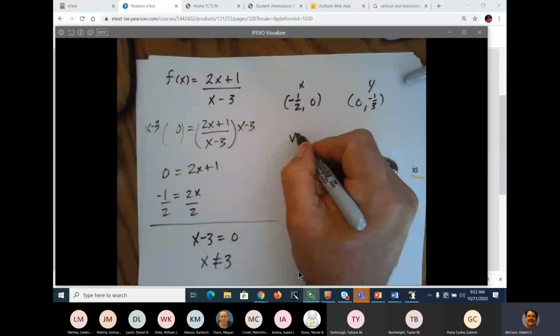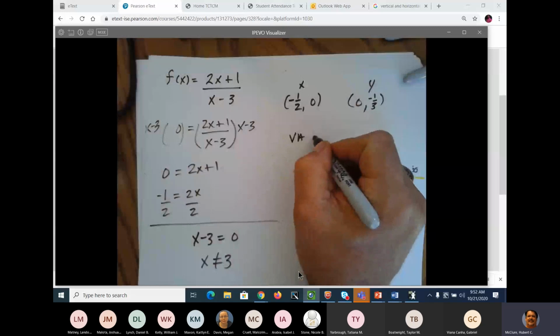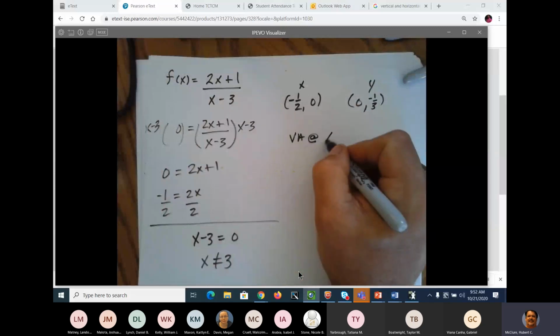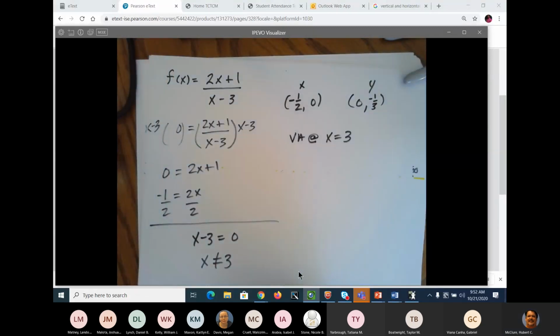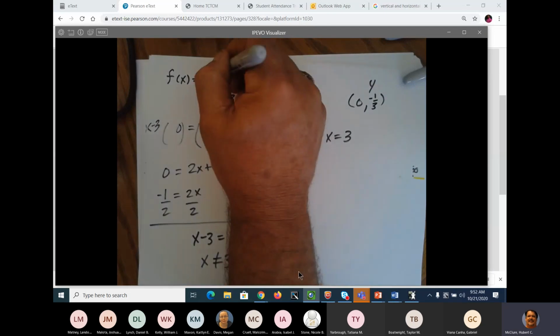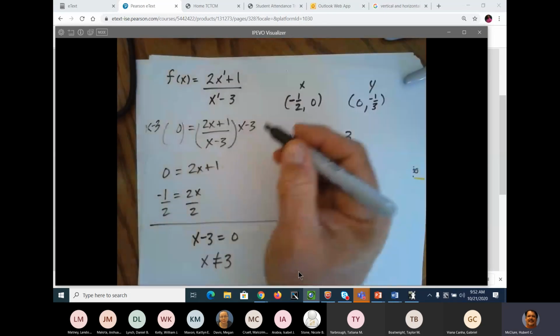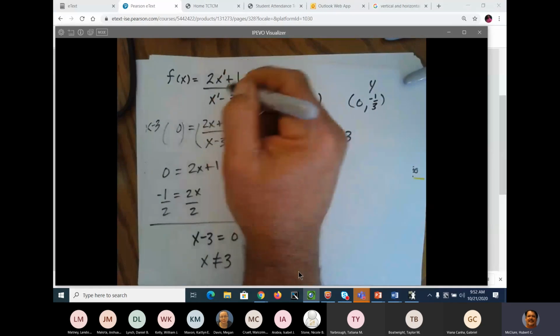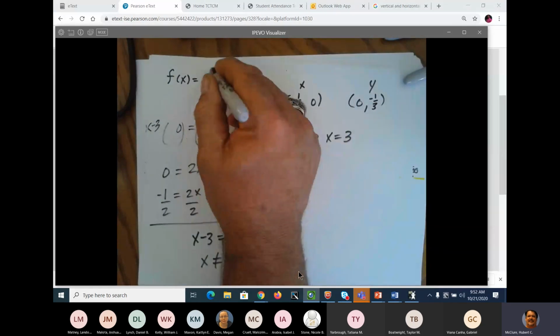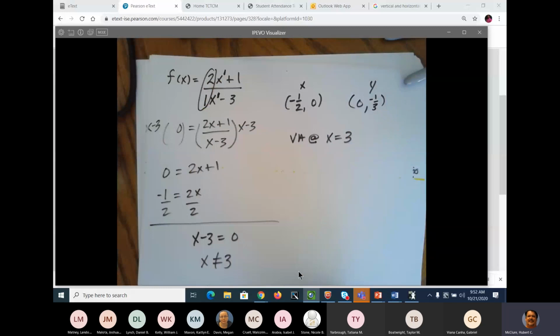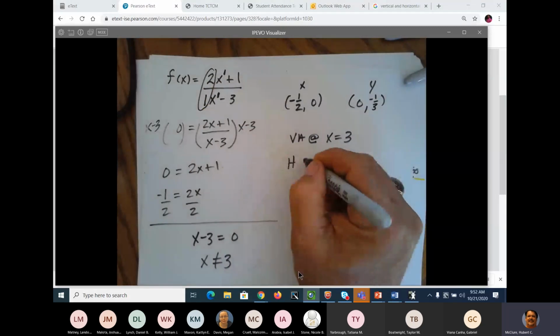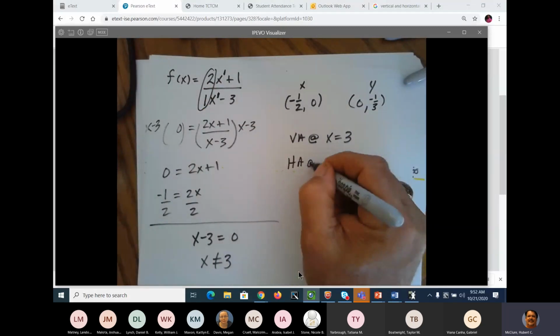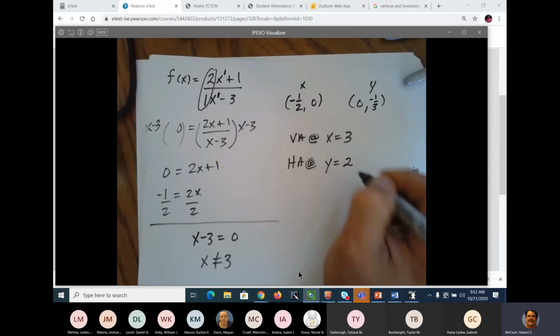So vertical asymptote at x is equal to 3. And the horizontal asymptote, here's one. The degrees are the same. The degree of the top is the first degree. The second is, so 2 over 1 is 2. So your horizontal asymptote is at y equal to 2.